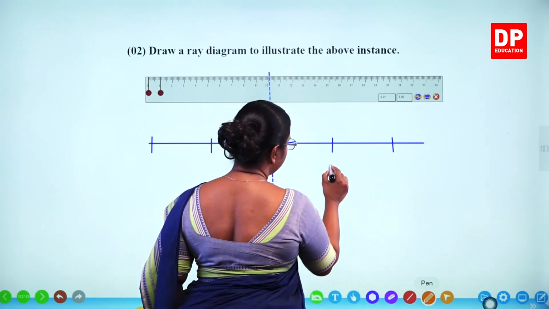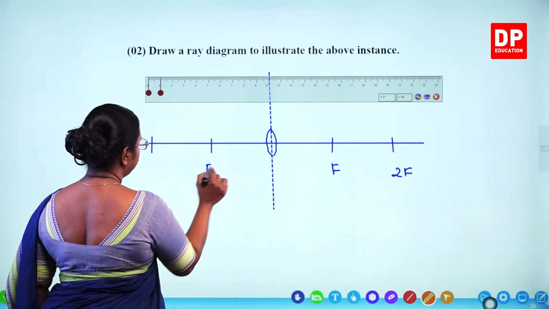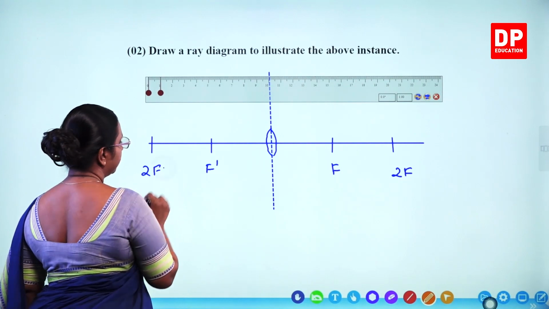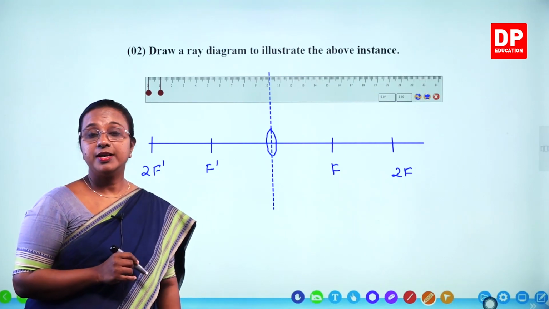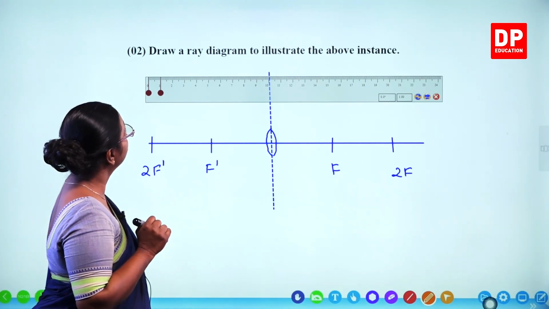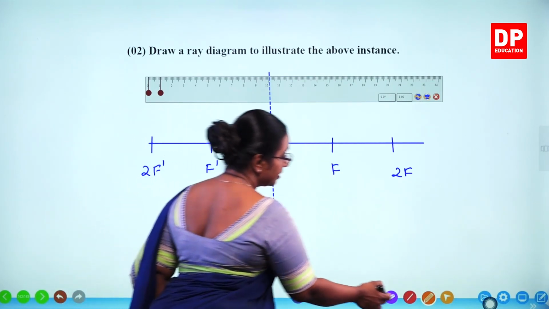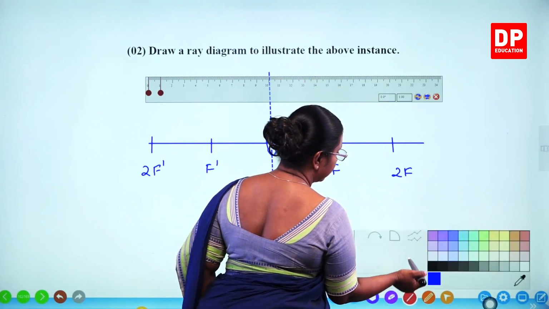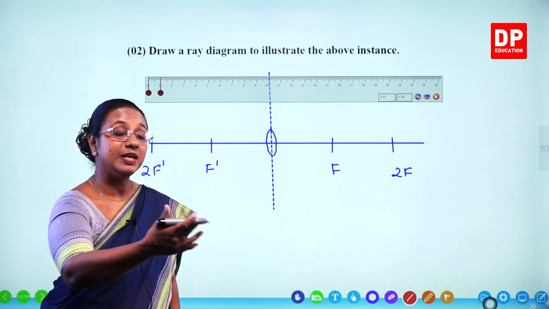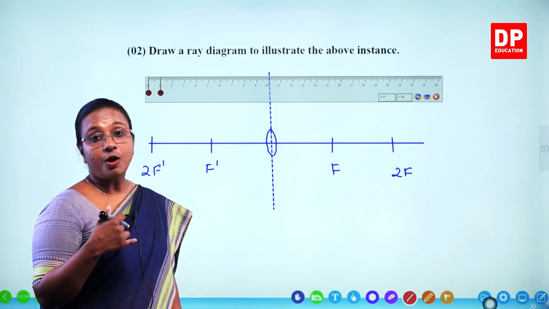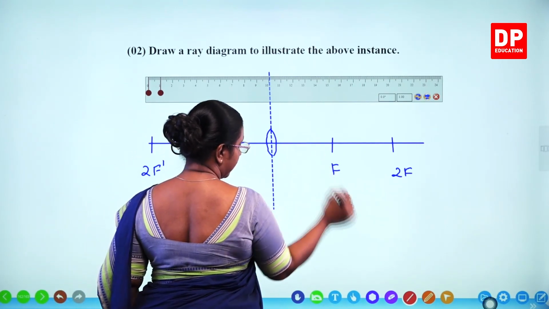So we just need to write F, 2F, F dash, 2F dash. So those are the points that we need to mark. Then we need to show that when the object is between the lens and focal point, you get an image that is upright, virtual and enlarged, and it has to be beyond the object, on the same side as the object.